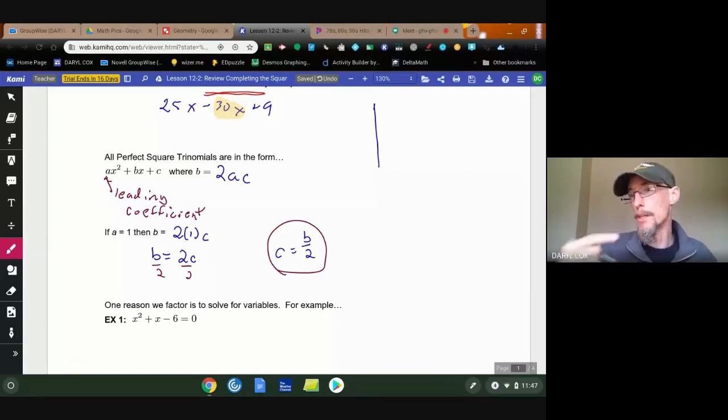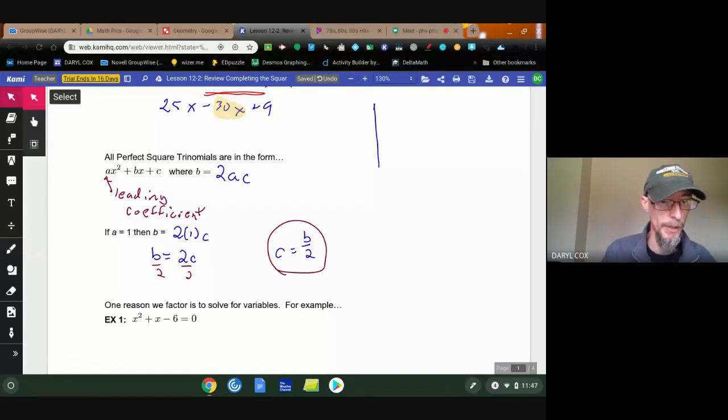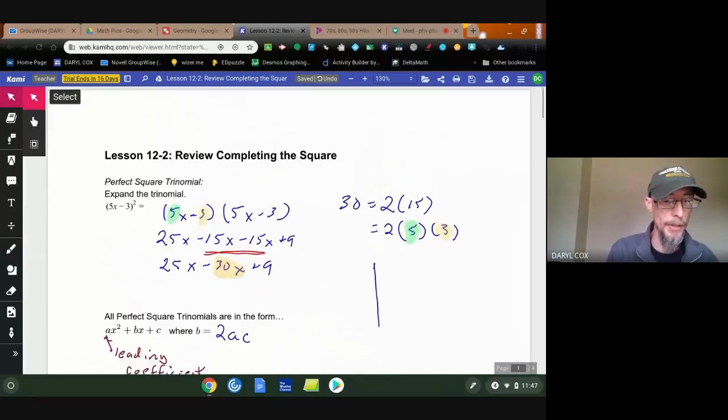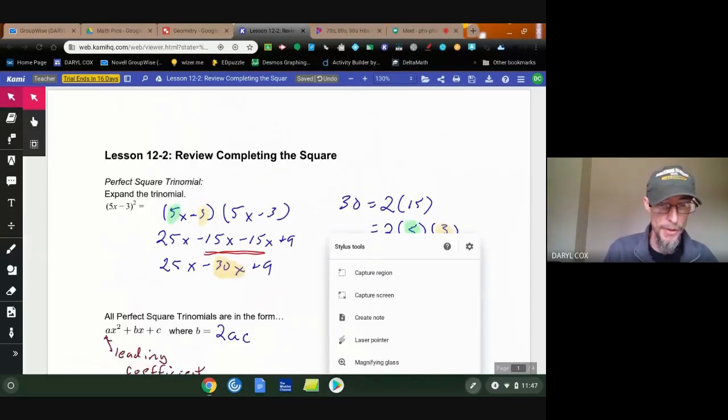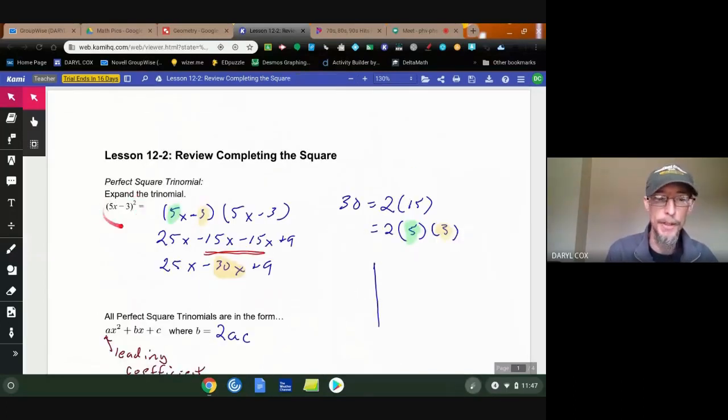There is a little bit of difference so that I make it work in a perfect square binomial. Because what we're trying to do is get something that factors into this. And that's called a perfect square trinomial. A perfect square trinomial is a three-term thing, hence the trinomial, that when you factor it back becomes a binomial that is squared.